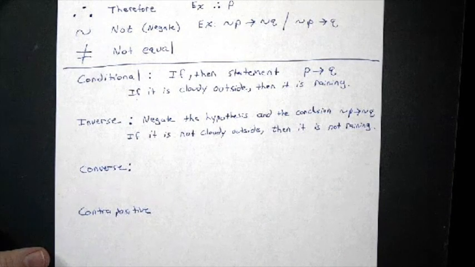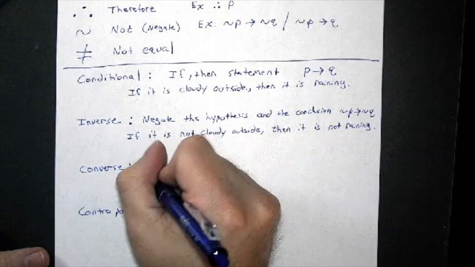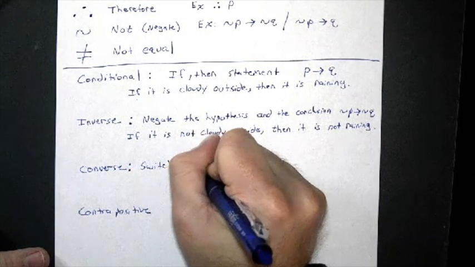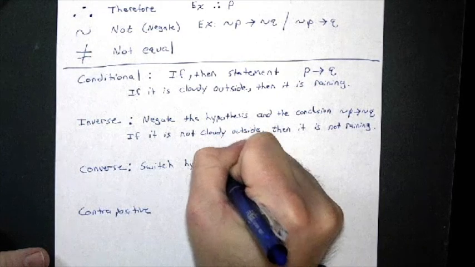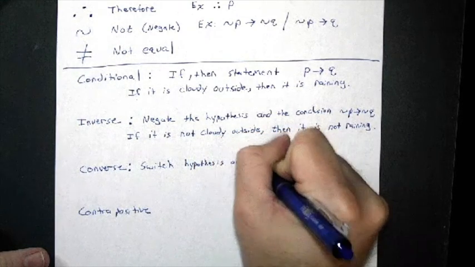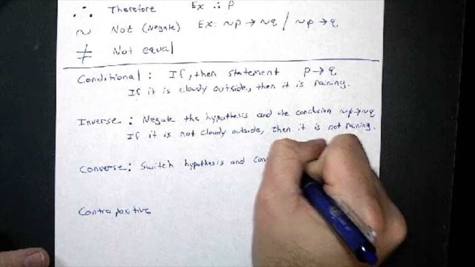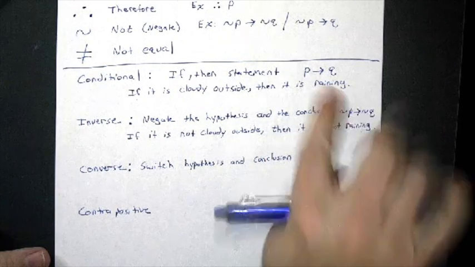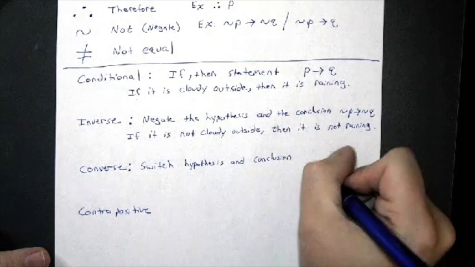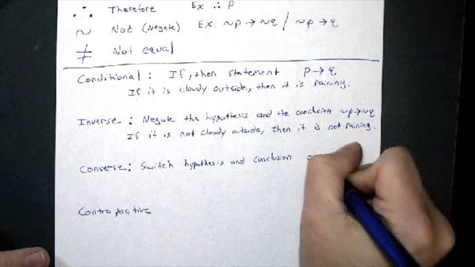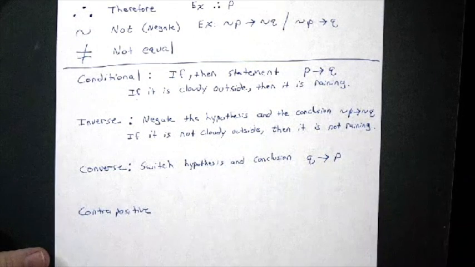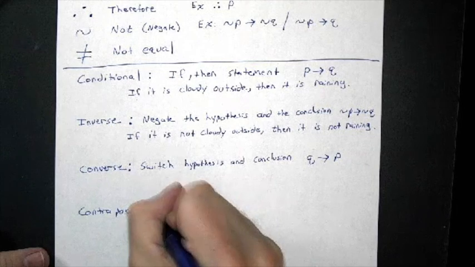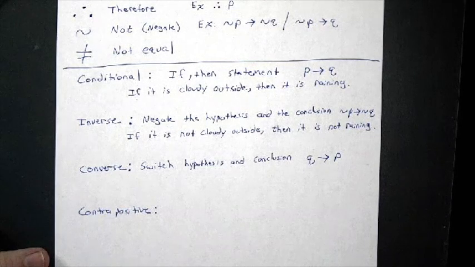So the converse is just going to be switching the hypothesis and the conclusion. So we're going to switch hypothesis and conclusion. And the way that looks in symbolic form is just we're going to take our if P then Q and we're going to make it if Q then P. So all I did is switch the hypothesis and the conclusion.